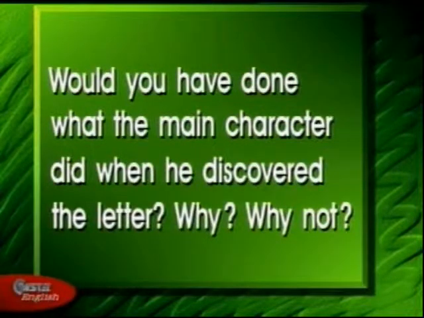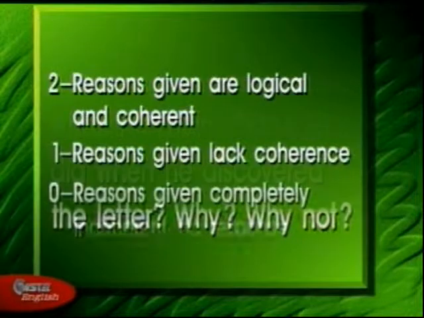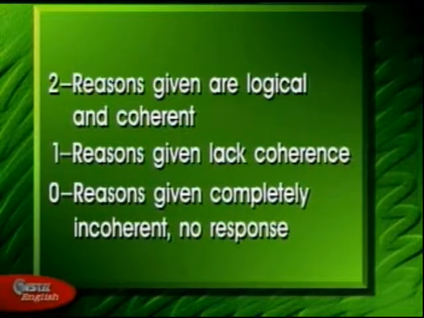As you can see, this calls for personal reactions from your students. You cannot impose a simple correct answer here. You will have to treat this as a supply type of item, like a restricted essay type, and score this using a simple scale such as a 3-point scale like this. 2 points, reasons given are logical and coherent. 1 point, reasons given lack coherence.